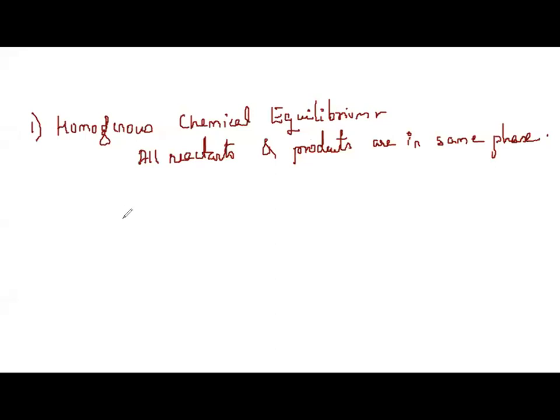So let me take an example like the esterification reaction. In esterification, we take an acid, acetic acid, CH3COOH, treat it with an alcohol, C2H5OH, which is at equilibrium. We get CH3COOC2H5 plus H2O.